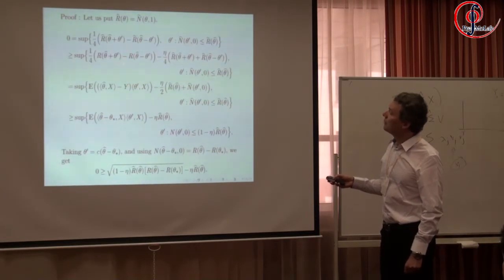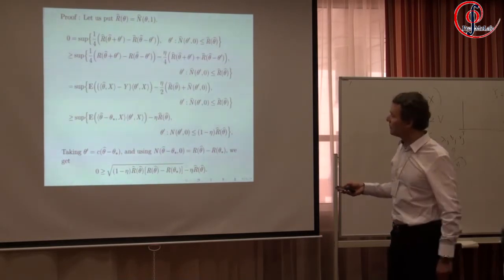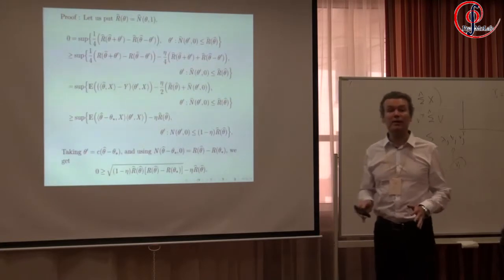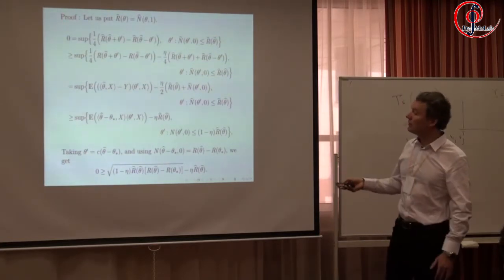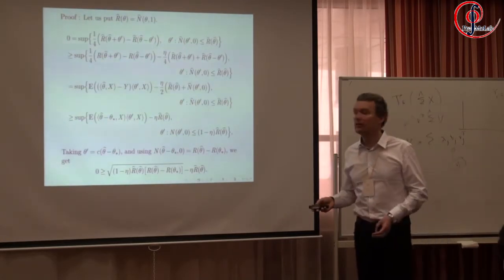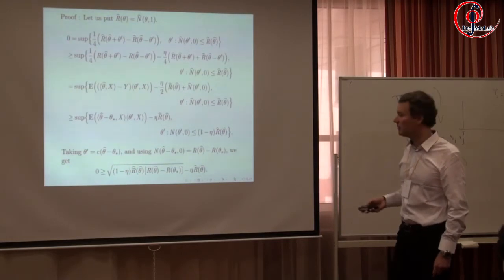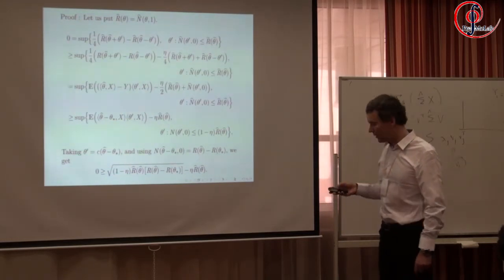So here, using polarization, I get only the cross product here, that is theta hat. And of course, now I can use that the gradient is 0 at theta star. So I'm controlling this thing, and I don't have time to go into the details. This is really one chain of simple inequalities based on the control of the gradient, in fact. Because here I'm controlling the gradient by taking the supremum over theta prime, and this is how the square root appears.